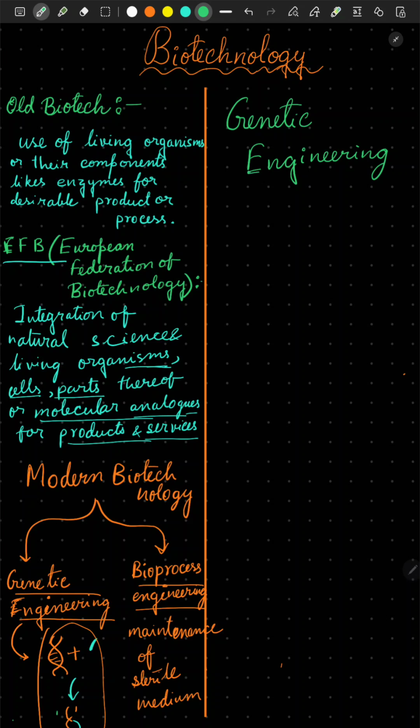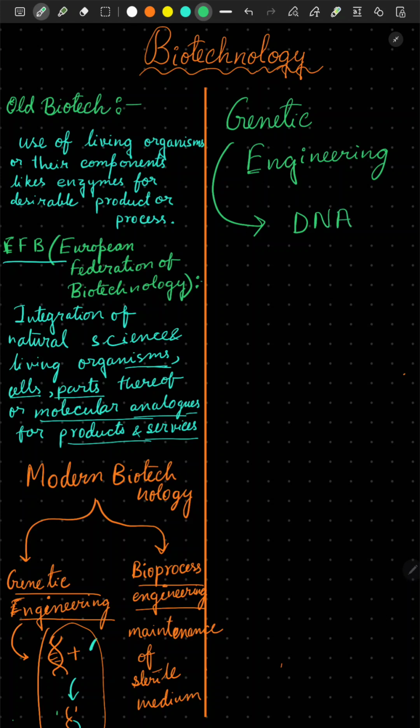Basically, engineering is to make something, to build something. Engineers build PCs, and civil engineers build bridges and houses. The genetic engineers are also going to build something, and that is some special kind of DNA.